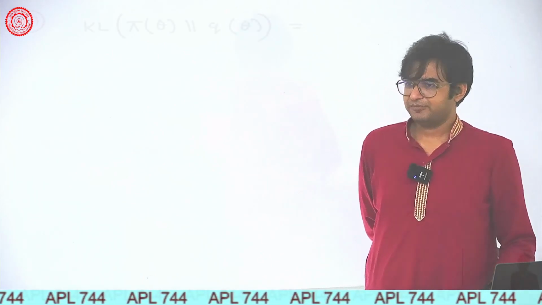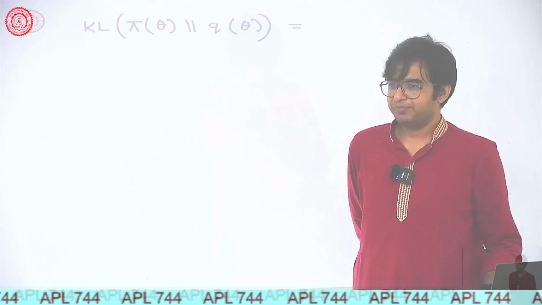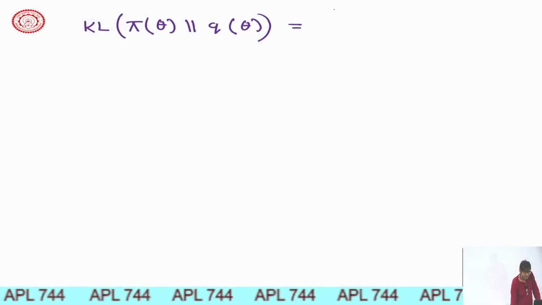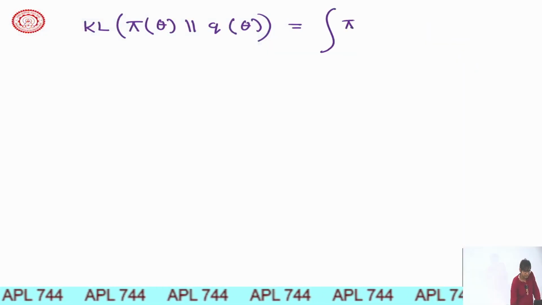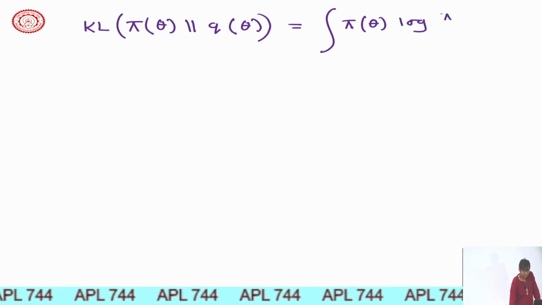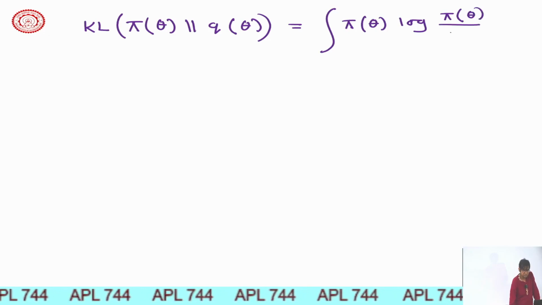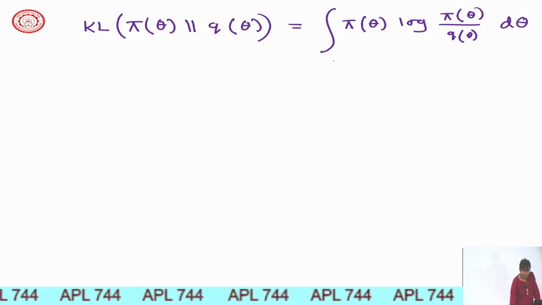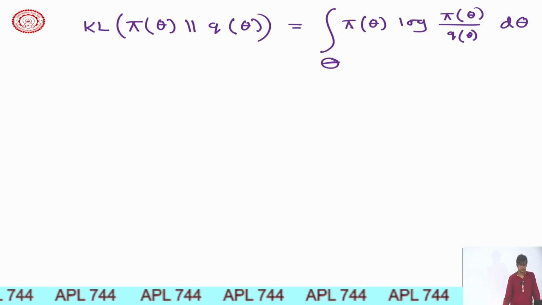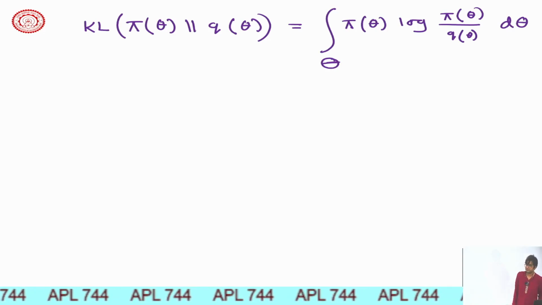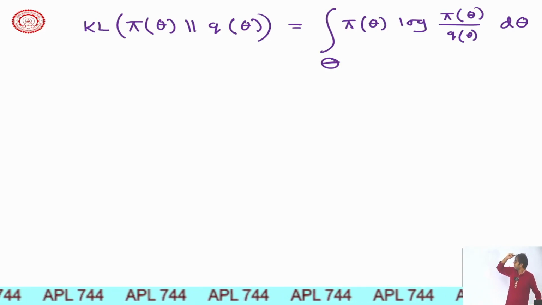KL(P||Q) is equal to the expectation, or integration, of P log P by Q. So this is equal to the integration of pi theta log pi theta by q theta d theta, and we will integrate over the domain of theta, right? Clear? Do you see any problem?